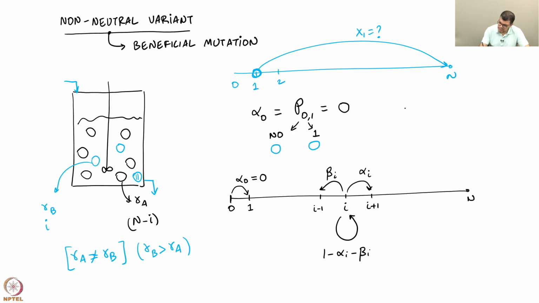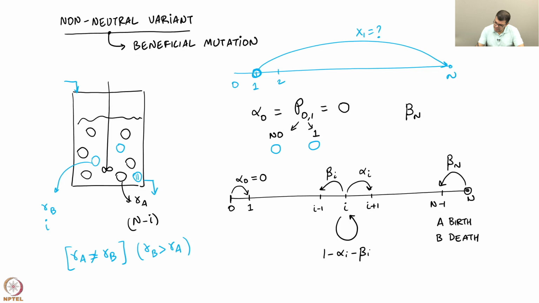Similarly, let us look at what is beta n. Beta n is the chance, starting from n, of a backward jump. This is beta n. Now, this backward jump can happen if the birth that happens is of A type and death is of B type.